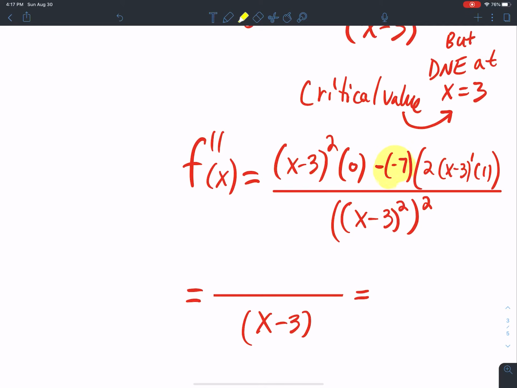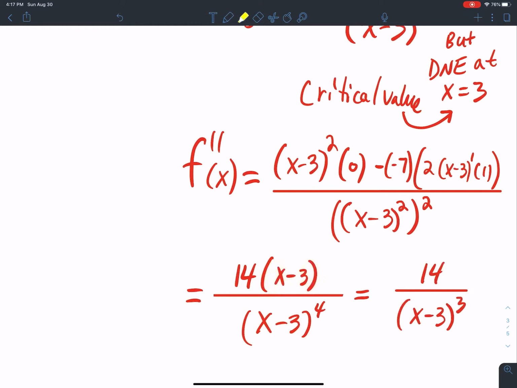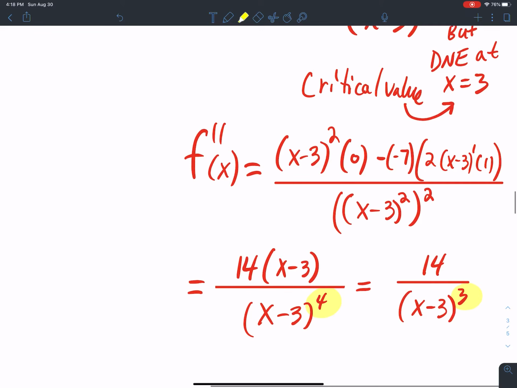So negative and negative make a positive, times 2 times 1, that's positive 14. And so now I see 1 factor of x - 3 and 4 factors of x - 3. So one of those factors cancels, and that's why we're left with just 14 in the numerator and 1 less (x - 3) in the denominator.